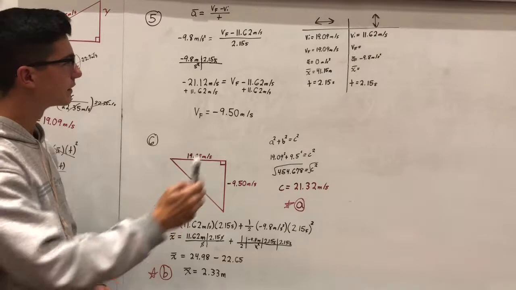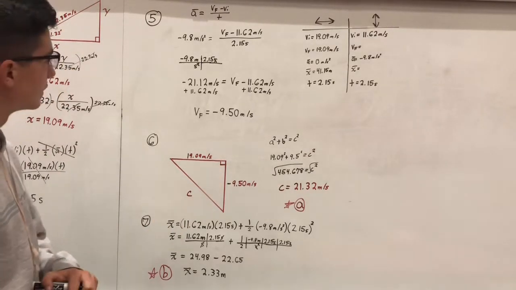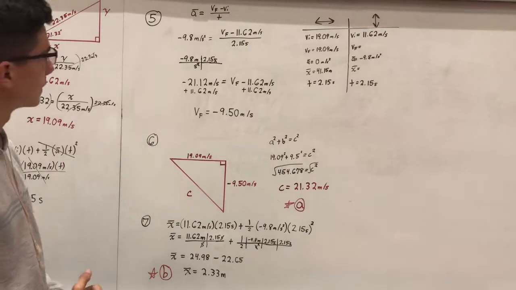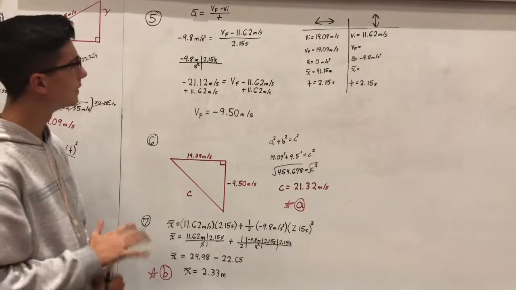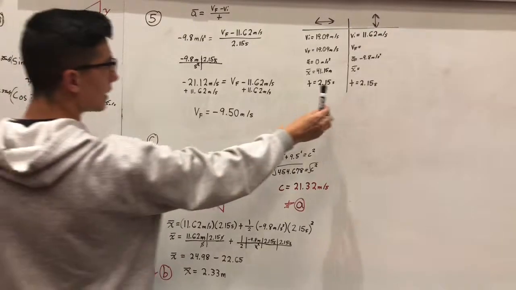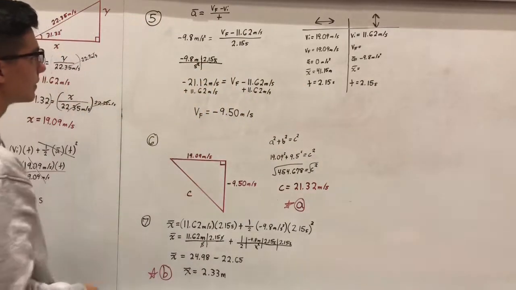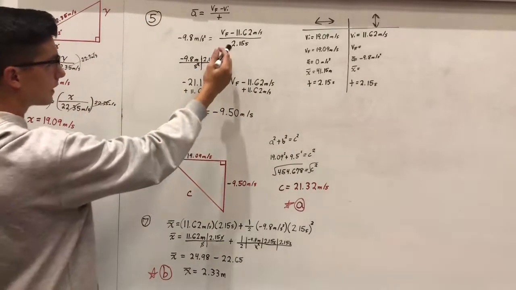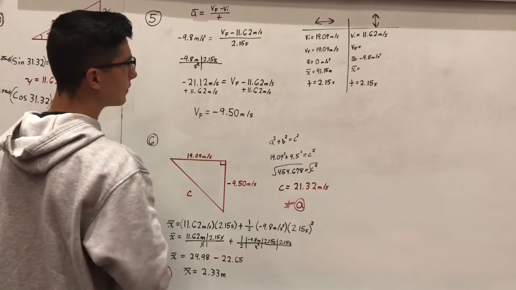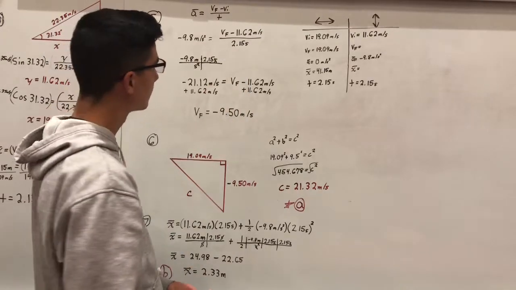Alright, now that we have all this information, we could find the final velocity, and we would just do that by using the acceleration formula, which is acceleration equals final velocity minus initial divided by the time. So we were just plugging our values only on our vertical side, so that'll be negative 9.8 meters a second squared equals final velocity minus the initial, which is negative 11.62 meters a second, and divided by time, 2.15 seconds.